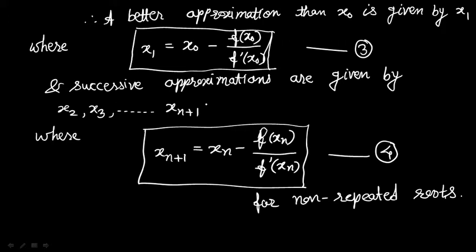Therefore, successive approximations are given by x2, x3 up to xn plus 1, where xn plus 1 equal to xn, comparing with equation 3, and we write the generalized statement for xn plus 1. Here, instead of x naught, we write xn minus f of xn upon f dash of xn. This is the formula for non-repeated roots.